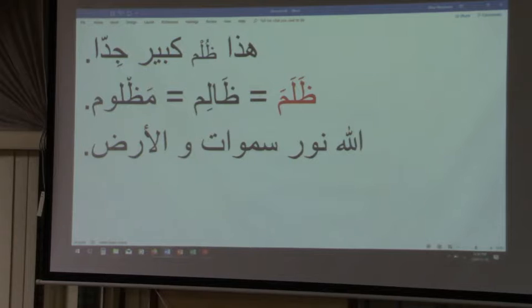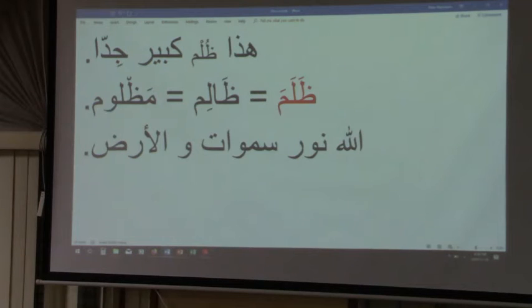I'm just repeating inshallah. This ظلم, oppression, كبير, big, جدا, very big. هذا ظلم كبير جدا. The root word of ظلم, in Urdu this is also ظلم, right?